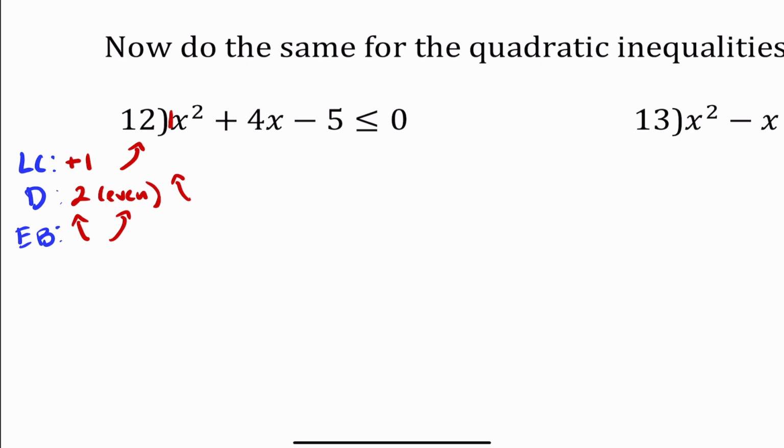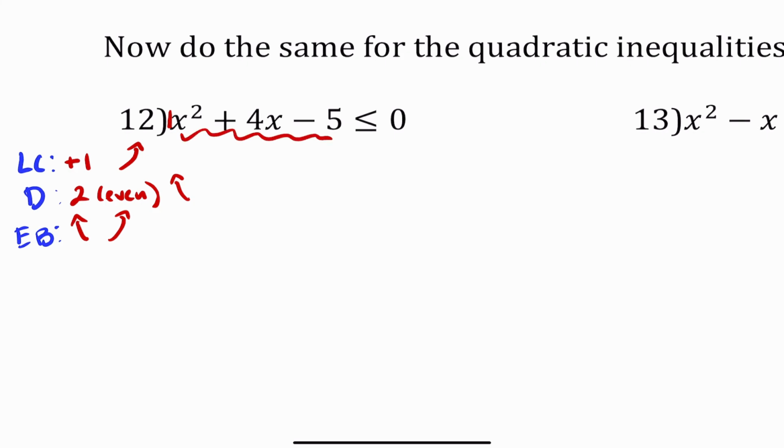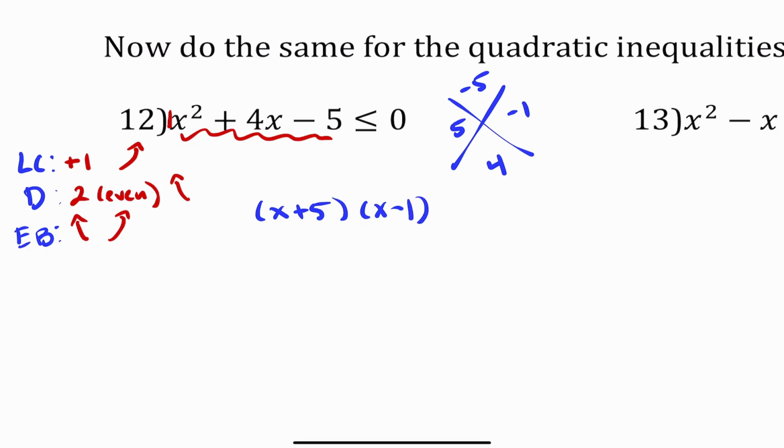Okay, so here we go. What we're going to do is look at this expression and factor. I'm going to do the x method. I'm going to have negative 5 up top, and then positive 4 down below, and the two numbers are 5 and negative 1. So I have x plus 5 times x minus 1, which is less than or equal to 0.